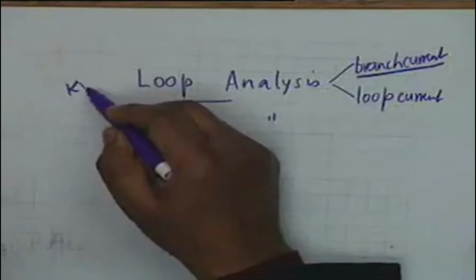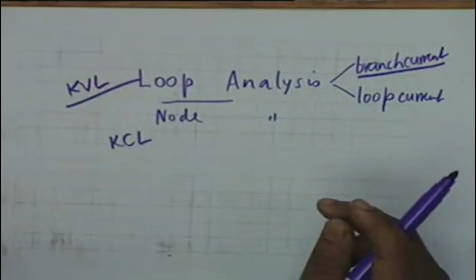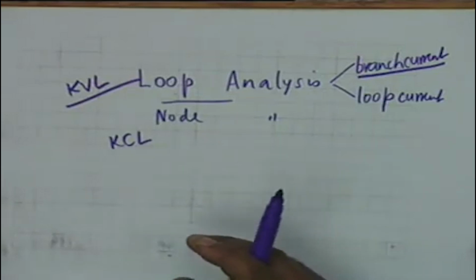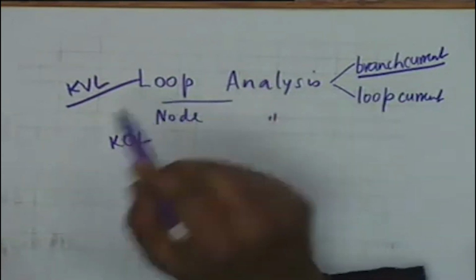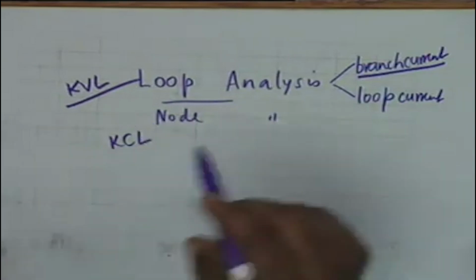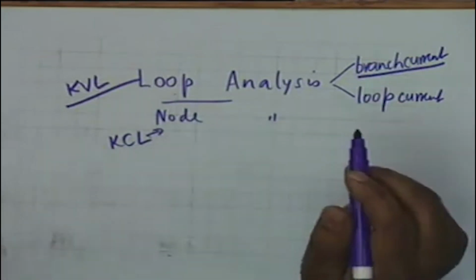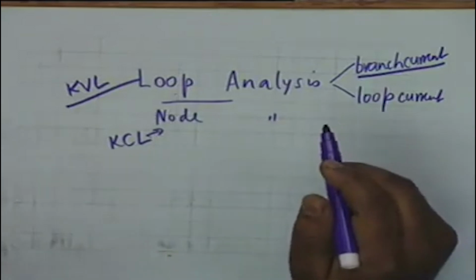In node analysis, instead of concentrating on currents, we concentrate on node voltages, and we write basically KCL equations. In loop analysis, we take help of KVL equations. That is, the determining equations for currents in loop analysis are KVL equations. The determining equations in node analysis are KCL equations.